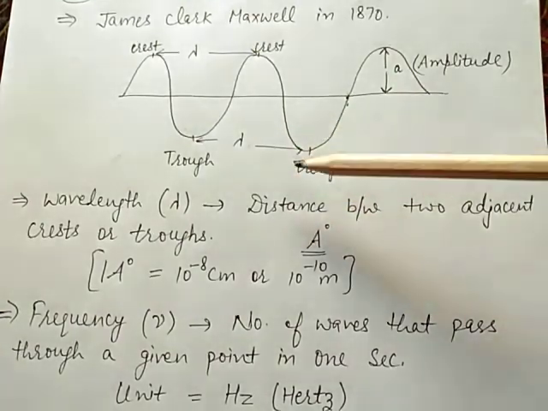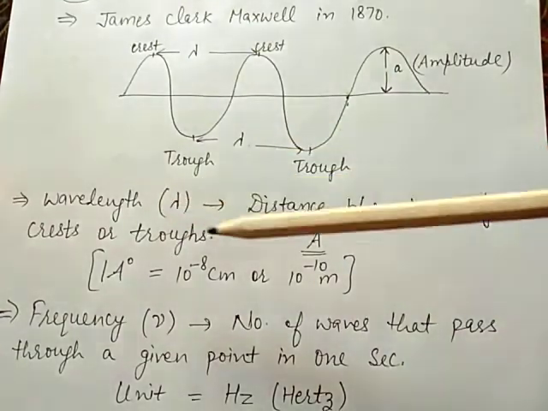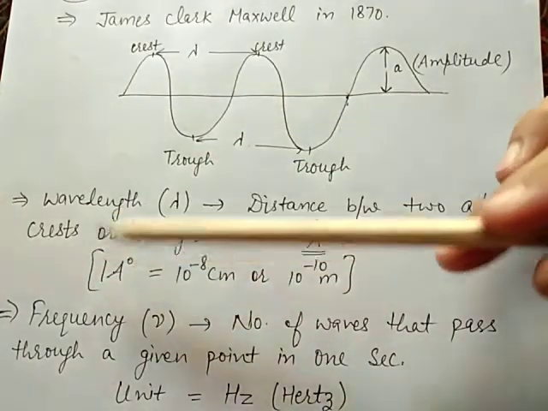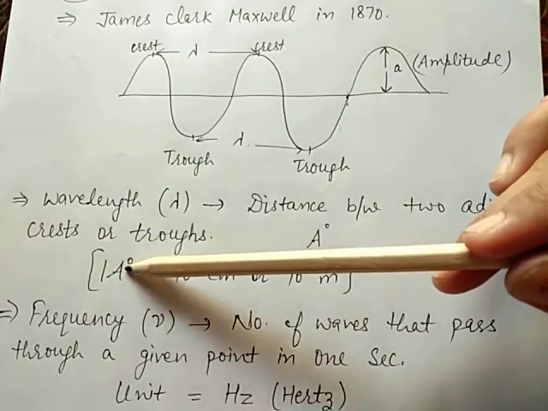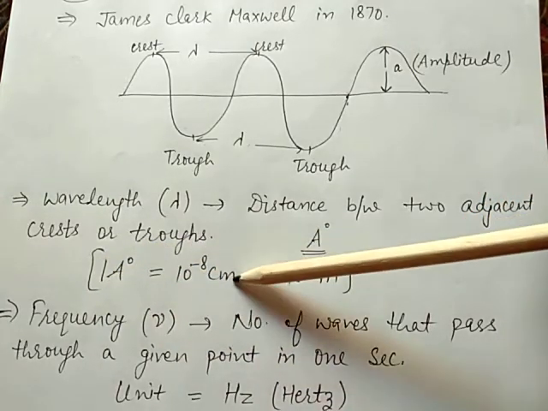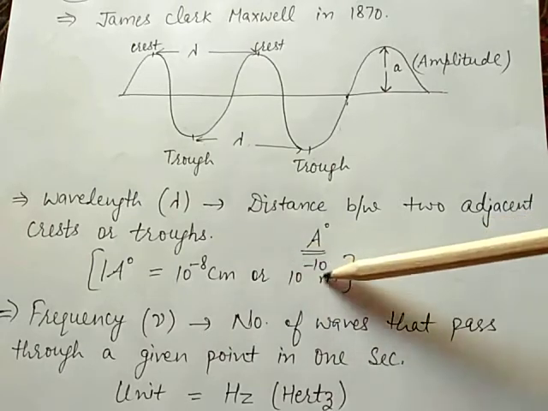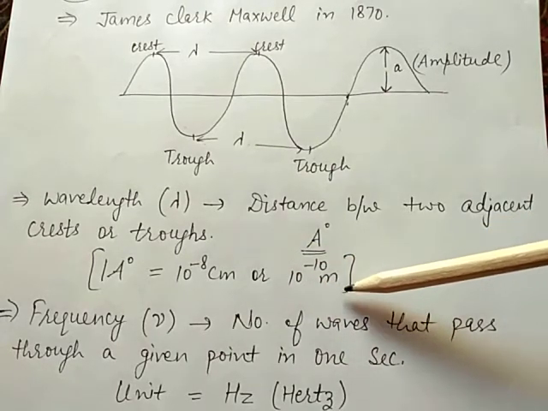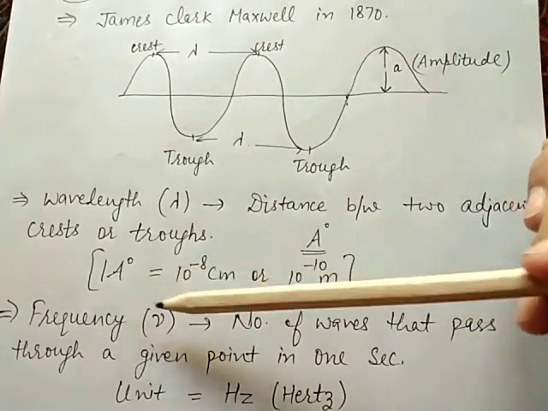It has the unit of length like meter, centimeter. It is also shown in angstrom, where 1 angstrom is equal to 10 raised to power minus 8 centimeter or 10 raised to power minus 10 meter. Now next is frequency.